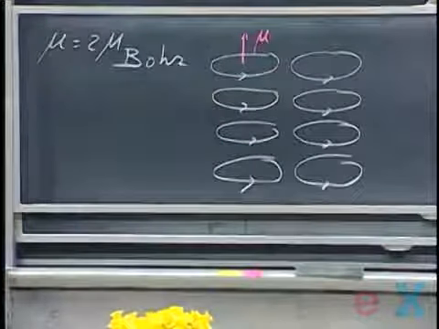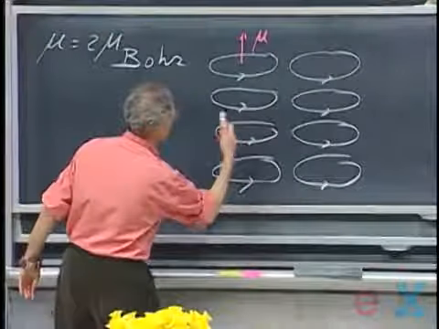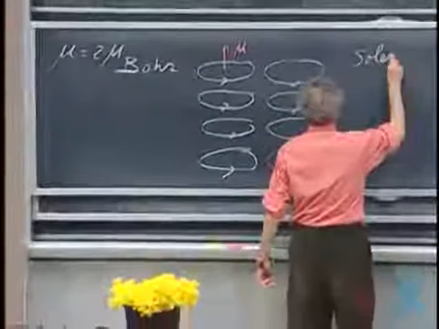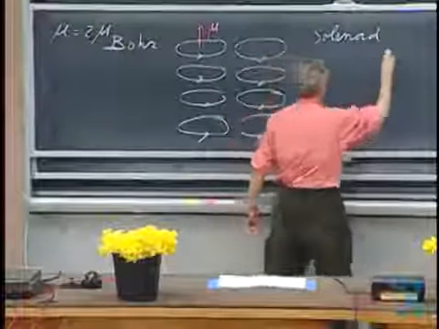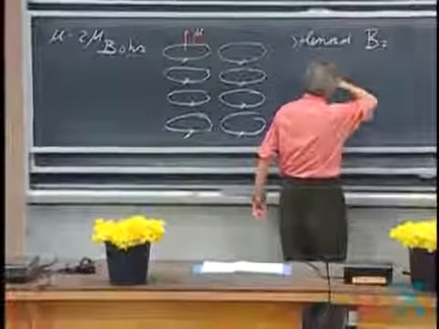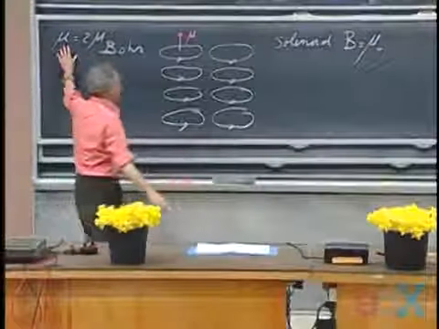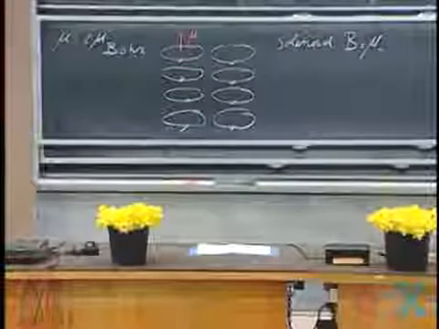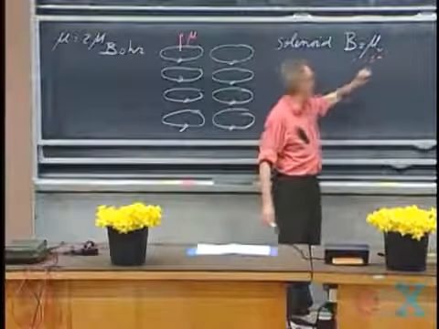Well, that's an easy calculation, because this really looks like a solenoid, like you have windings, and you have a current going around. And you remember, or should remember, that if we run a current through a solenoid, the magnetic field in the solenoid is mu zero times I times N over L. This mu zero is not this mu. This mu zero is the famous 4 pi times 10 to the minus 7.